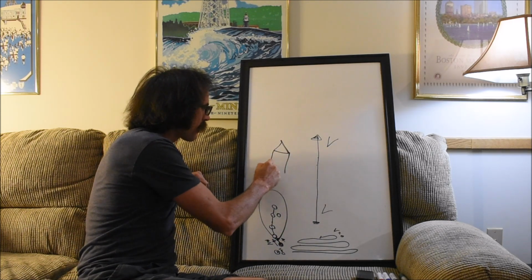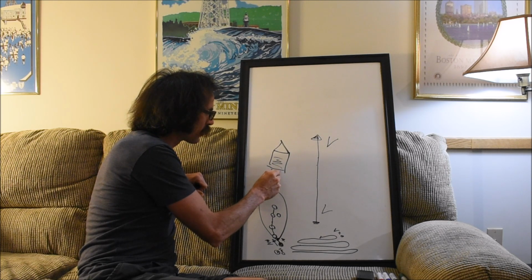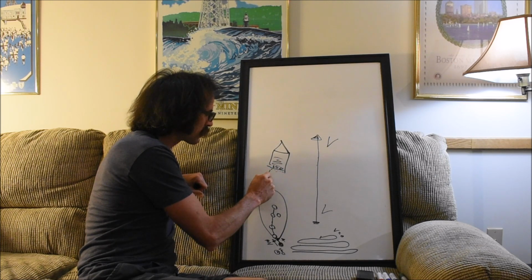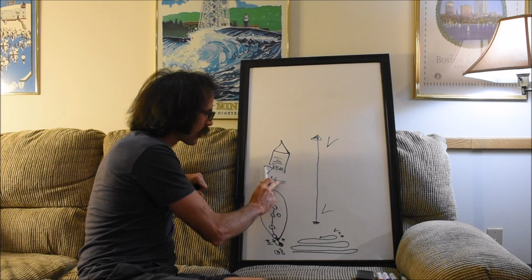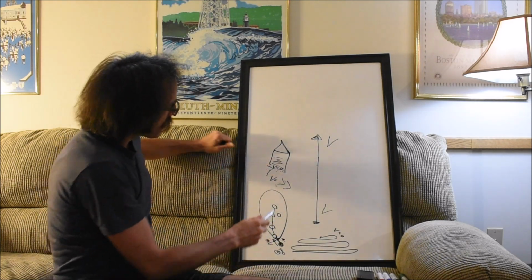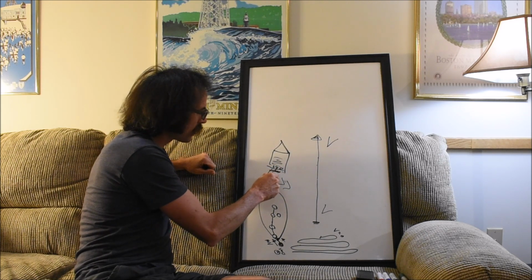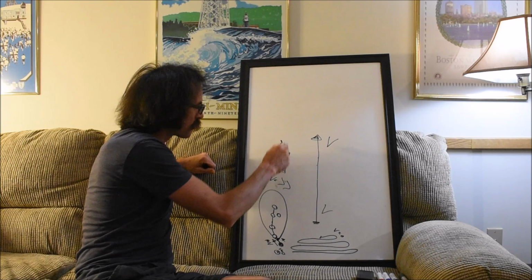You have a huge tank of fuel, and then teeny little bits of fuel get burned, going from 0 velocity to a huge velocity, and it pushes just a little bit into the system.